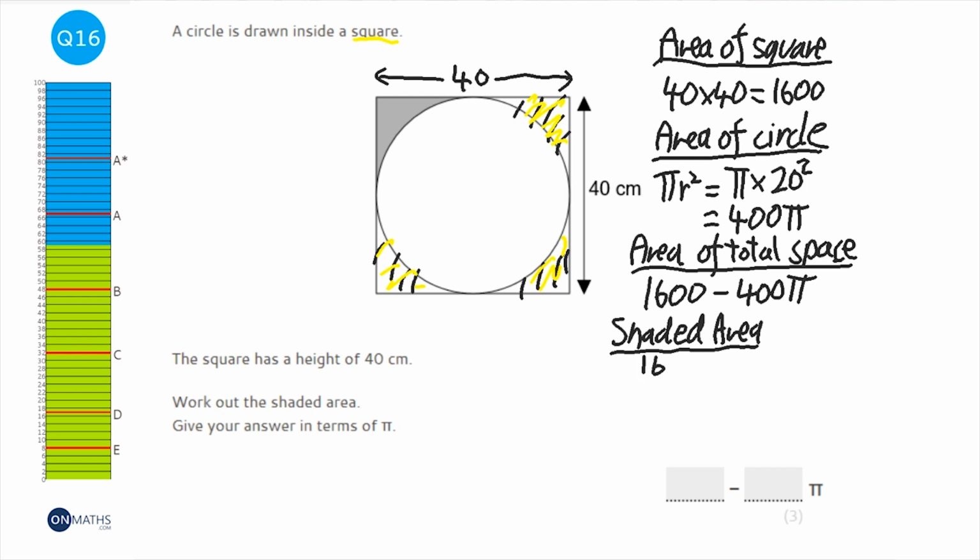So it's going to be this, which we worked out before, all of that divided by 4. So 1600 divided by 4 is 400. And 400 pi divided by 4 is just 100 pi.